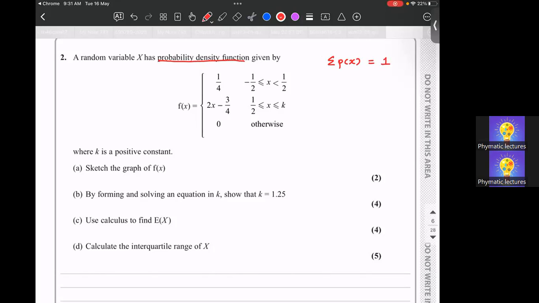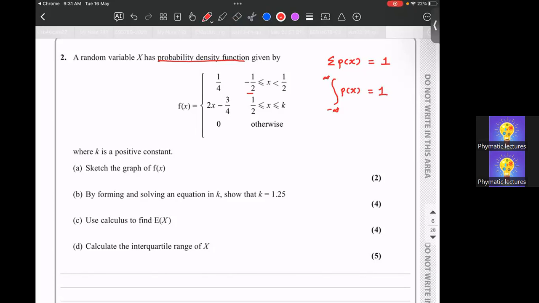Since it is a continuous variable distribution, the integral from minus infinity to plus infinity of the probability density function is always equal to 1. So that is a property we already know.